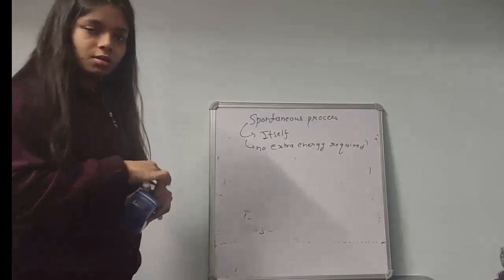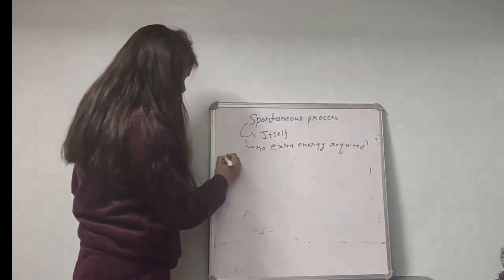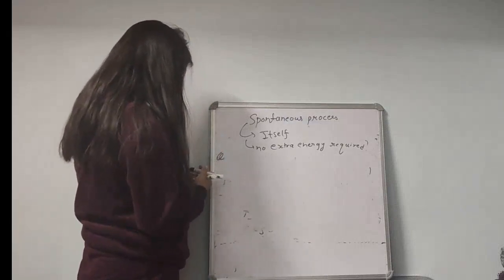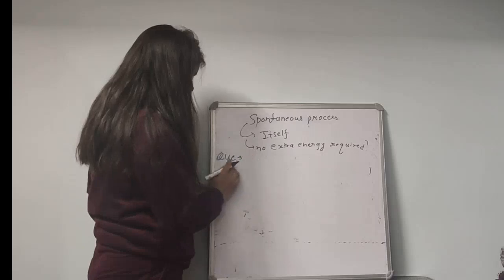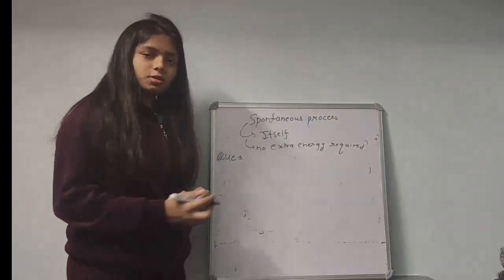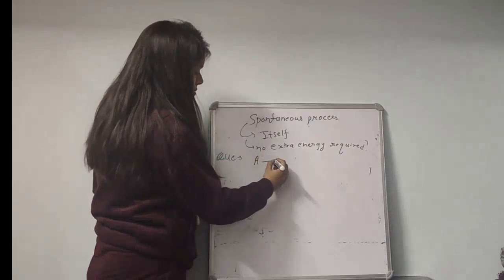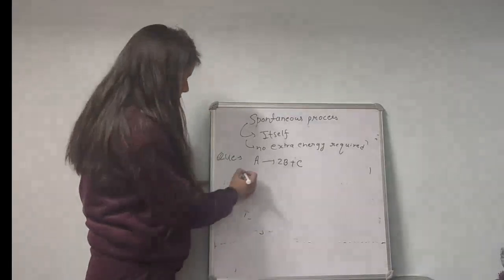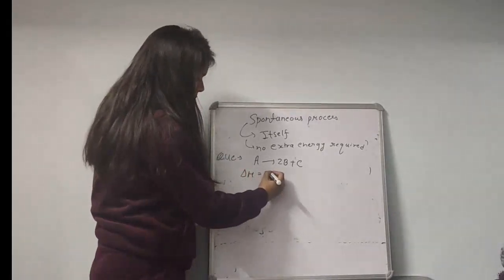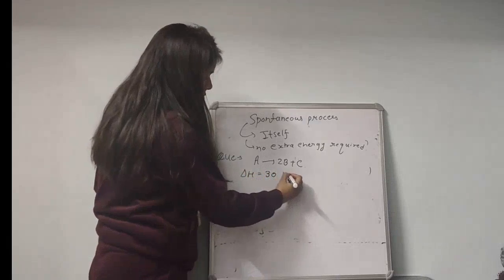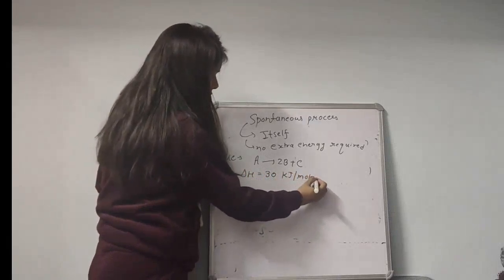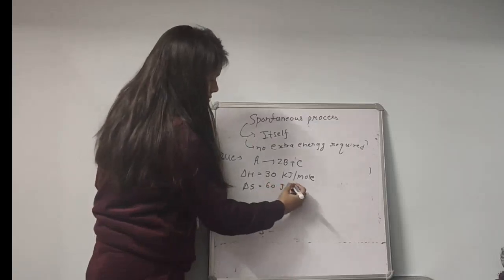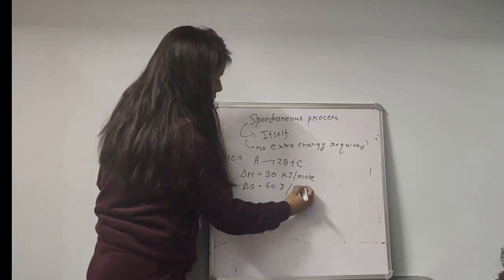Let's take one question. It is given that A gives 2B plus C. In this question, delta H is 30 kilojoule per mole and delta S is given as 30 joule per mole Kelvin.